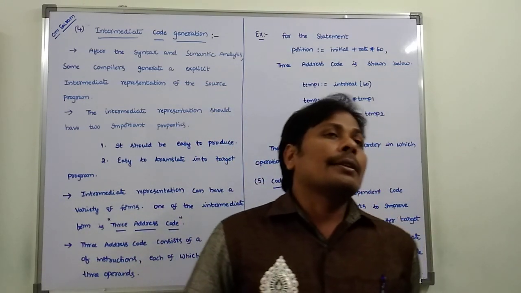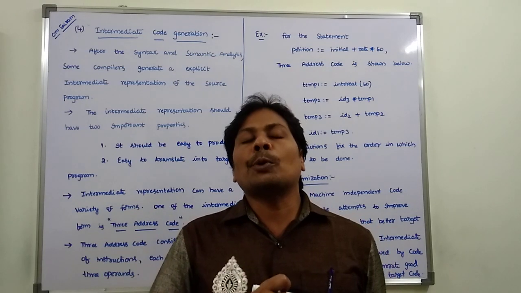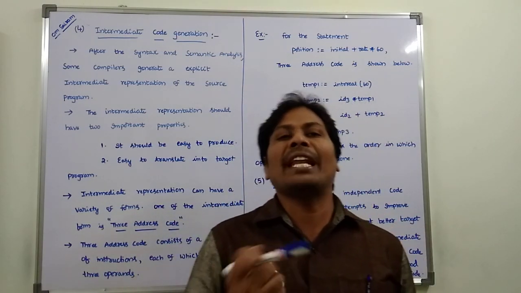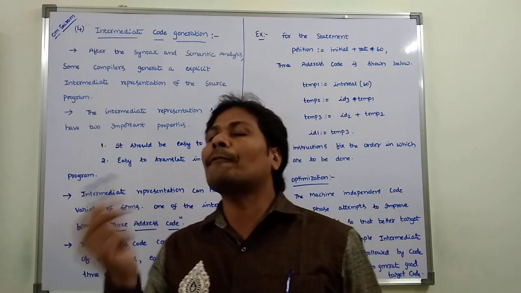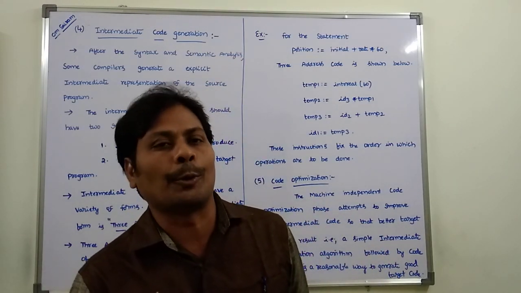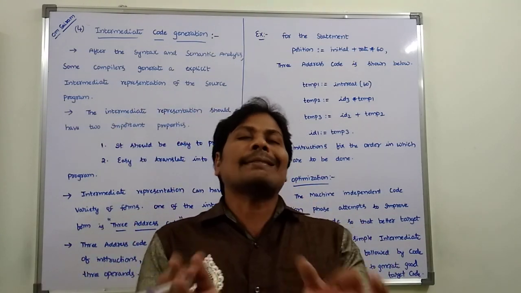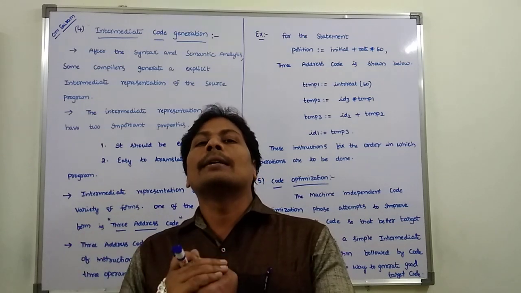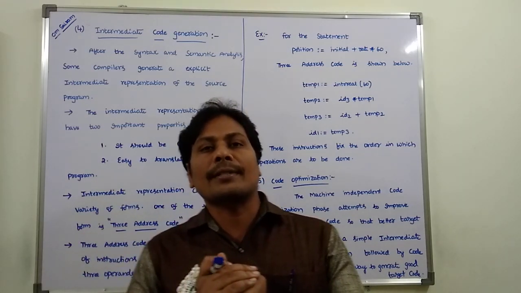Next, the intermediate code representation can be represented in many forms. One of the most important forms is three address code. What is three address code? Three address code is a sequence of instructions.